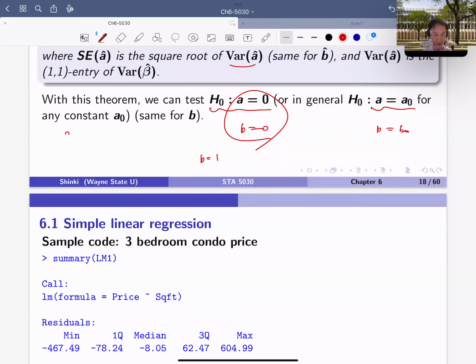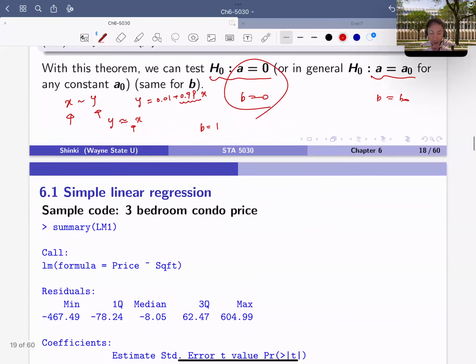For example, if x and y are very similar variables, say x is the left lung volume of a fever patient and y is the right lung volume, then we expect y is approximately equal to x, but we want to test if this coefficient is really equal to 1. If the estimated line is 0.01 plus 0.99x, we are often interested in whether this coefficient is close enough to 1.